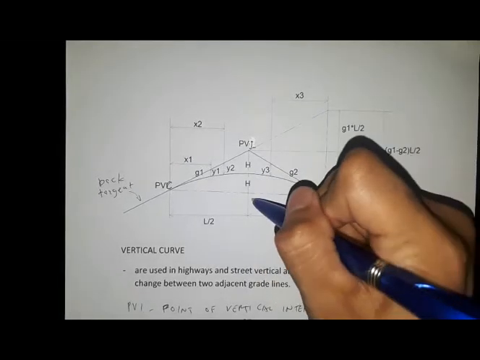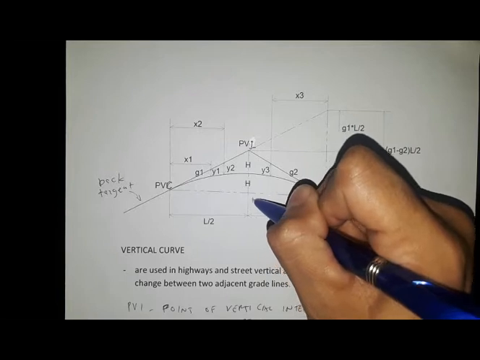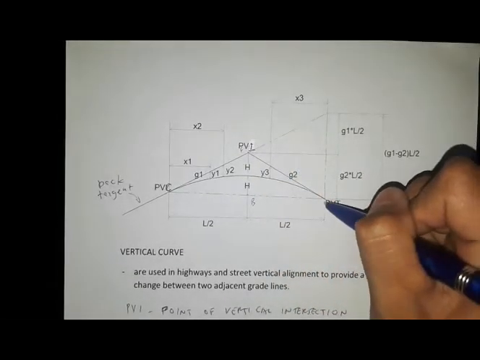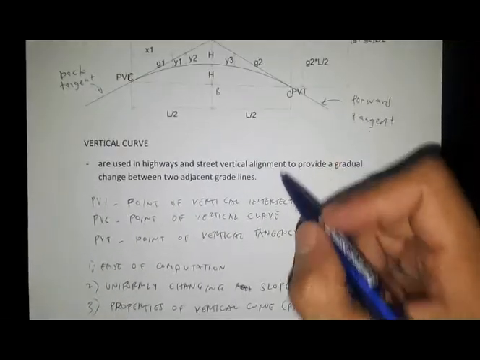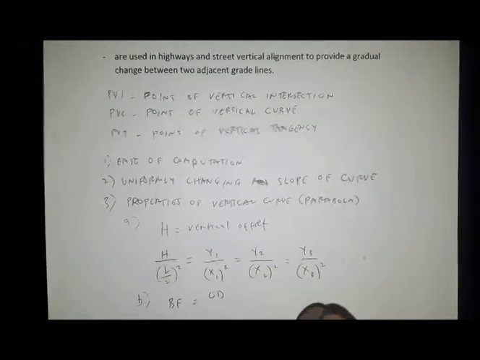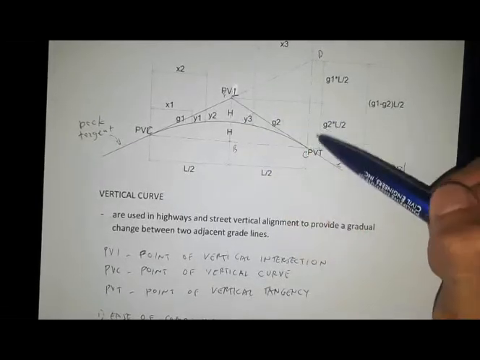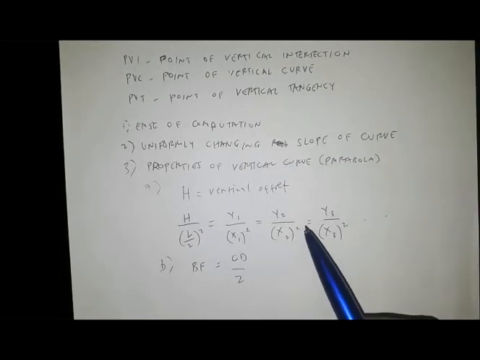If this is B, this is F, this is C, this is D, we have the line BF equal to half the line CD. So BF equals CD over 2.